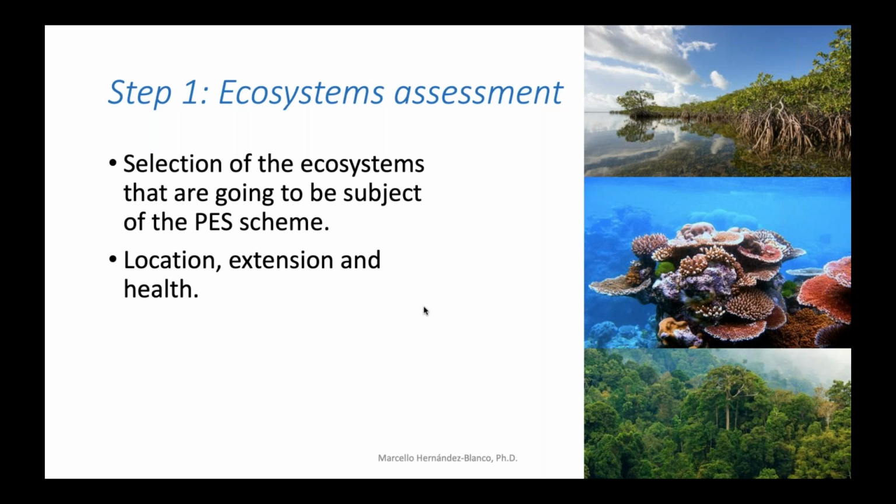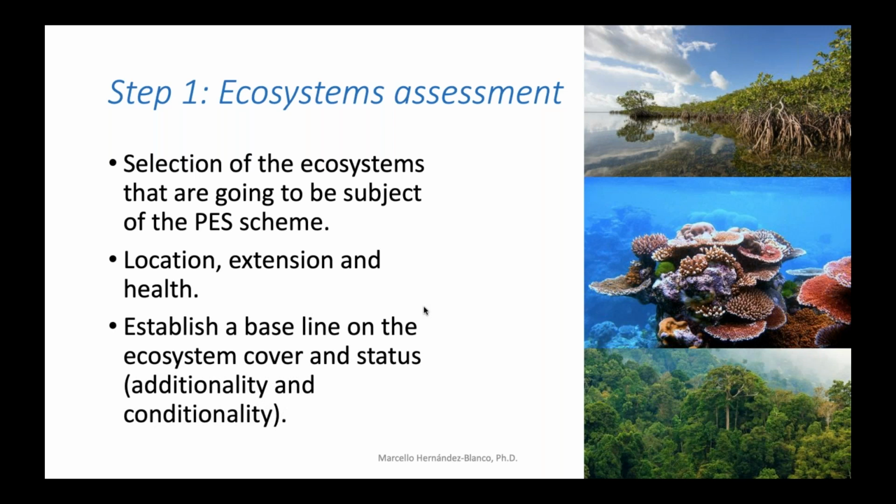Also, you have to have a good idea of the location of these ecosystems, the extension, and hopefully the health, because health plays a key role in the provision of services. You can have a very extensive forest, but if it has very low health, it might not be providing the ecosystem services that you would associate with a big area of forest or any other kind of ecosystem.